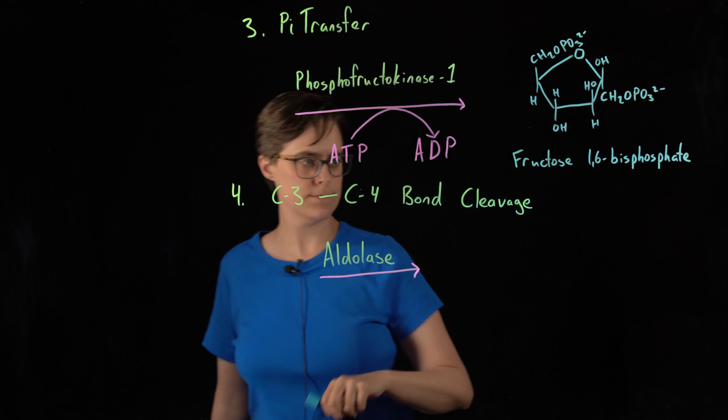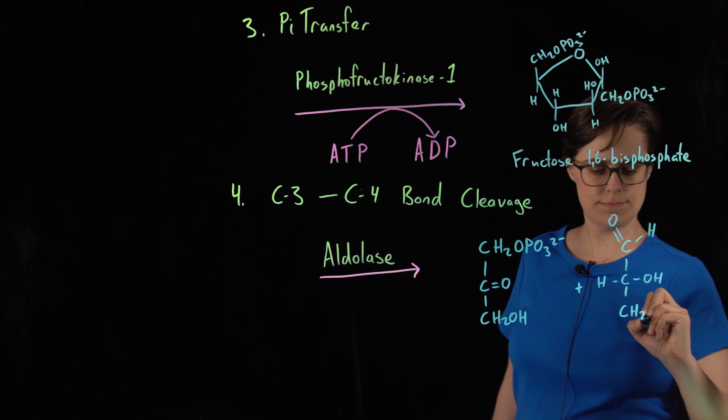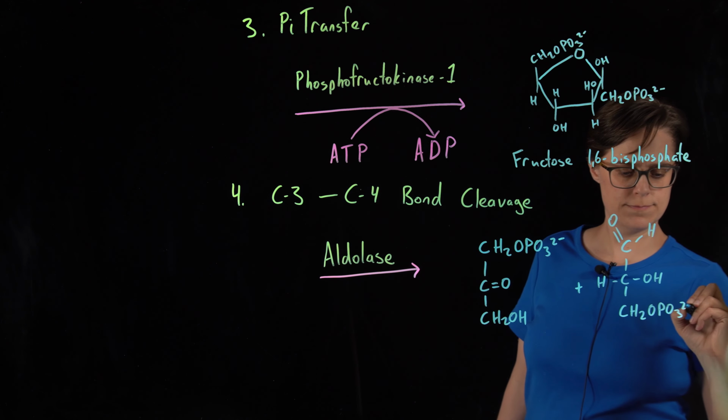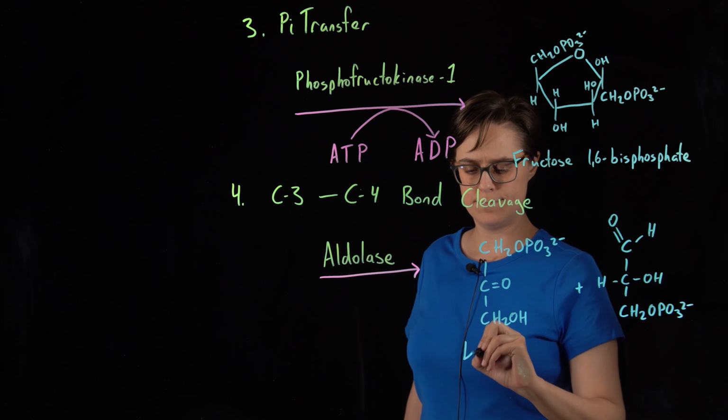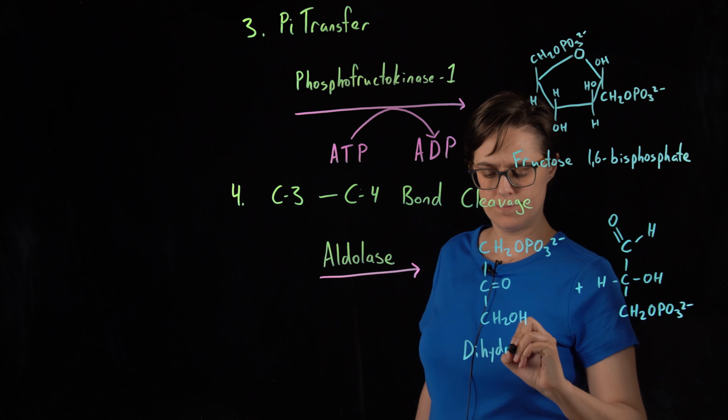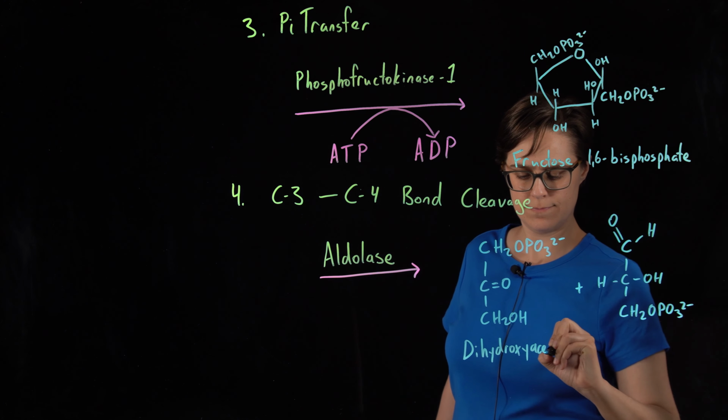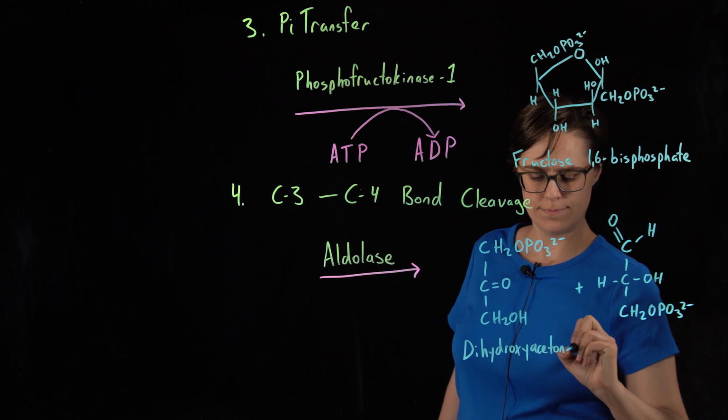One is dihydroxyacetone phosphate, and the other is glyceraldehyde 3-phosphate. Notice that these 2 compounds are isomers of each other. That is important for step number 5.